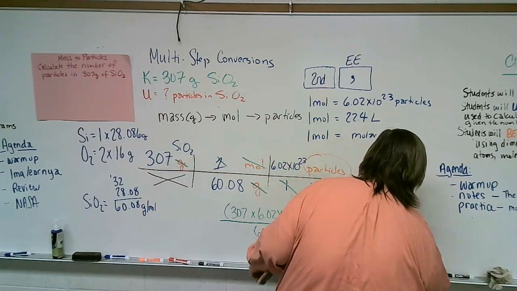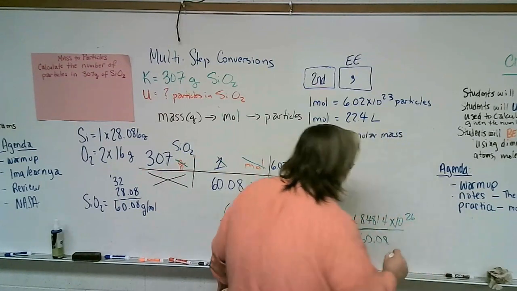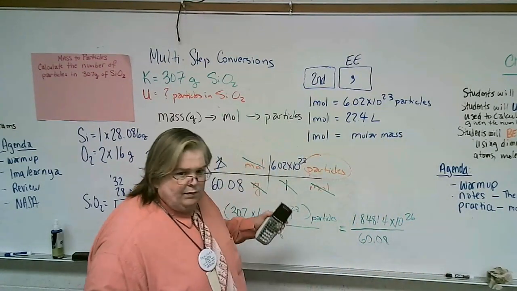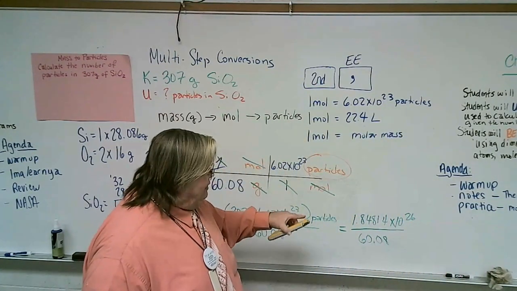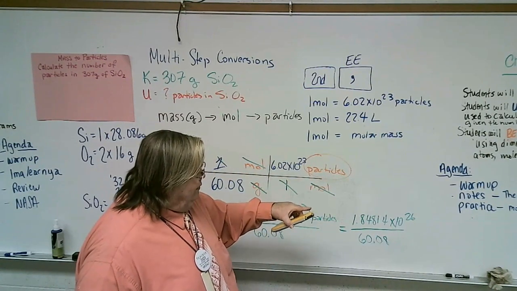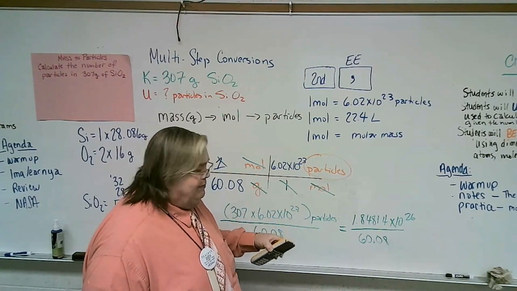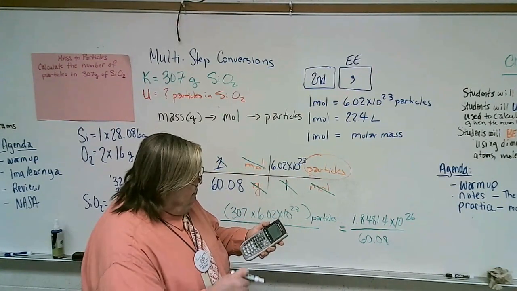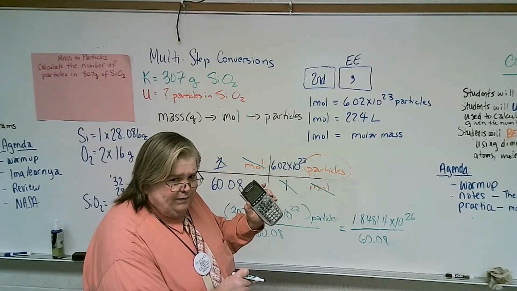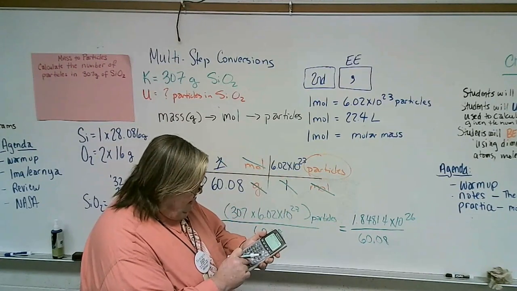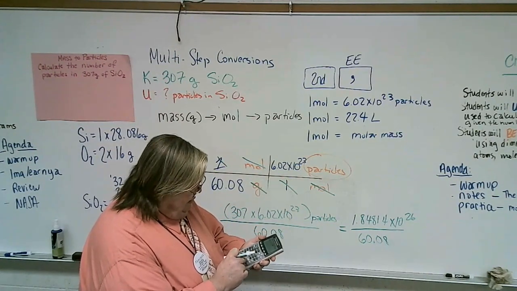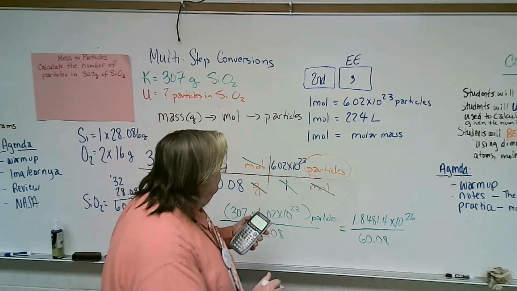And then the number 26 comes after it. So right now we have a fraction, 1.84814 times 10 to the 26th power divided by 60.08. Okay, so we can just hit the divide sign, 60.08, enter.